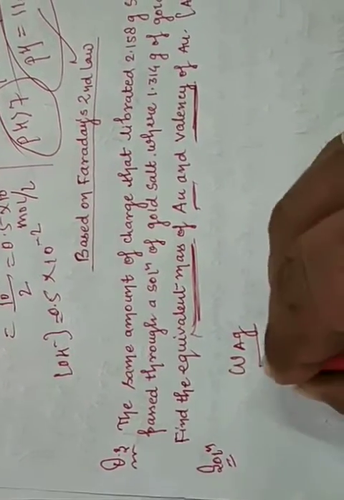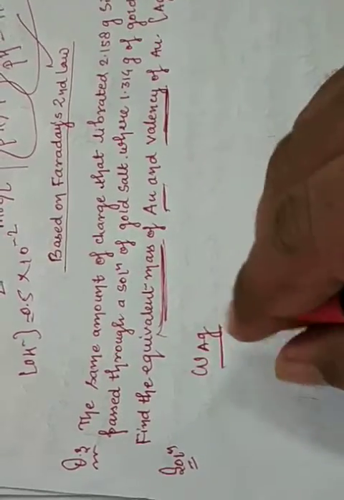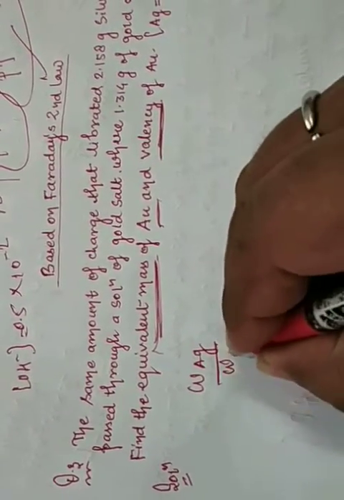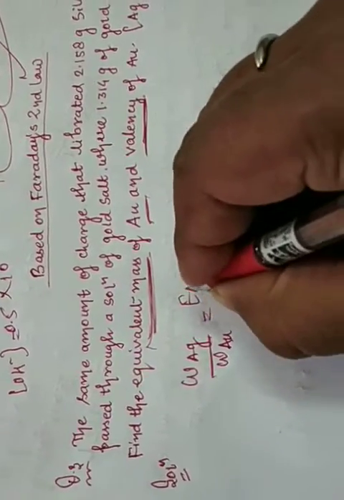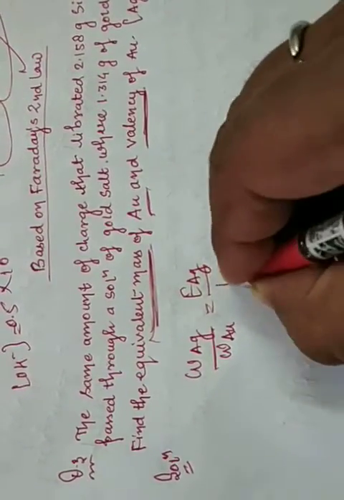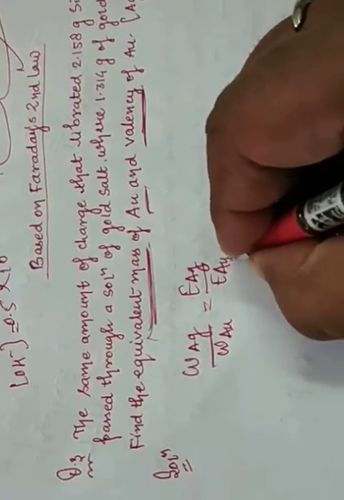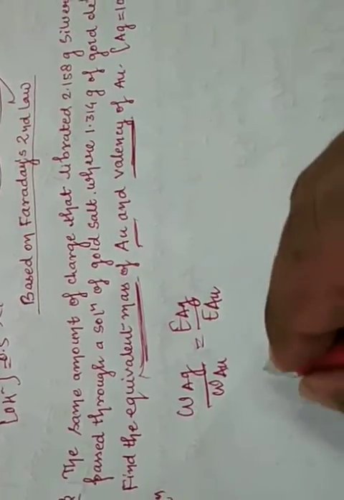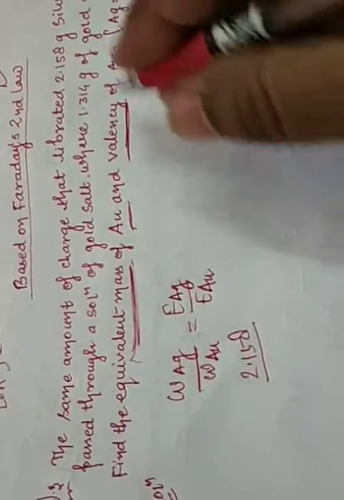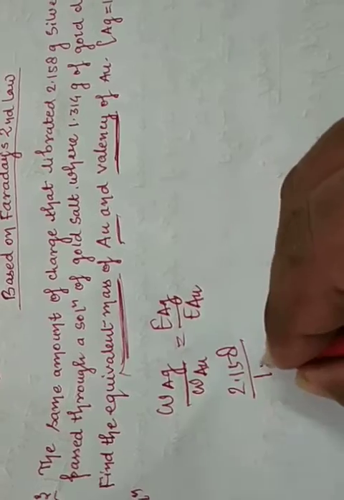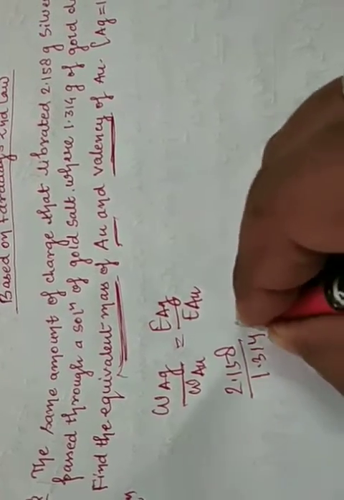There are two cells connected in series. So W Ag upon W Au is equal to E Ag upon E Au. This is simple, it is directly proportional. So W Ag is what? 2.158, and the weight of gold is 1.314, equal to the equivalent weight of Ag.